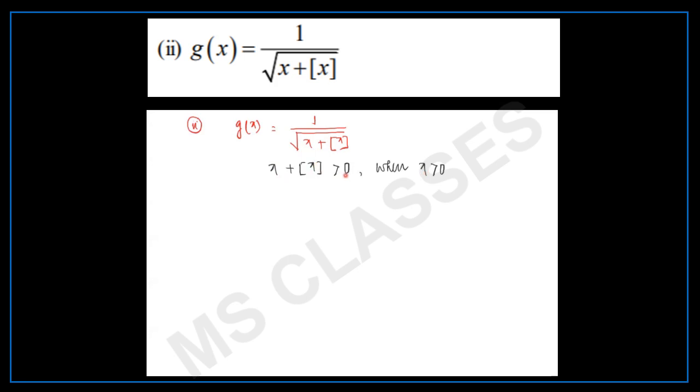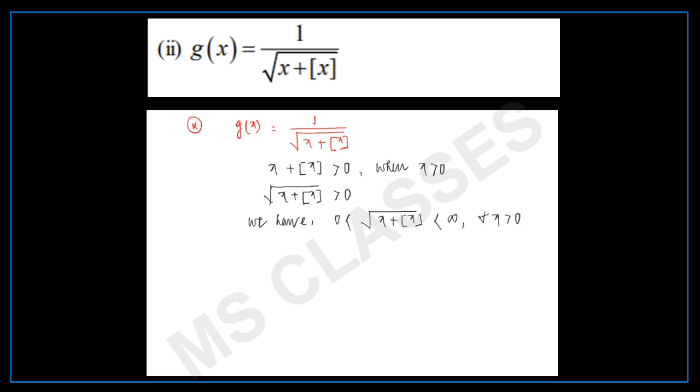So after that, if you take the under root x plus box x, this will also be greater than 0. So we can write that root under of x plus box x is greater than 0 and less than infinity for all x greater than 0.